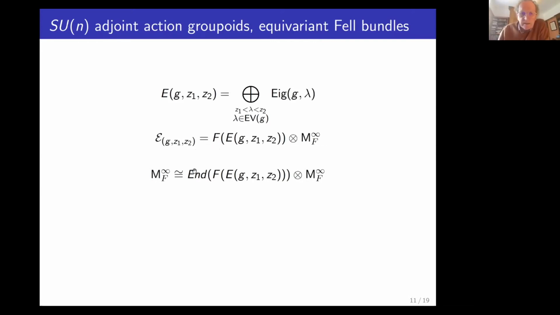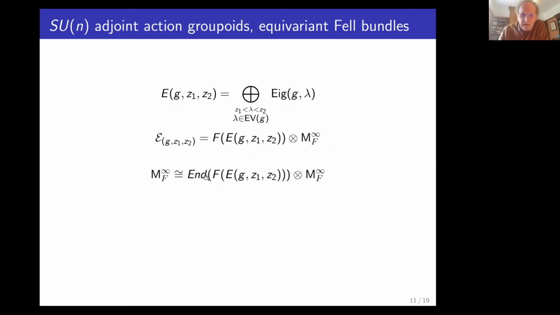And there's an action of the infinite tensor product on the left and on the right of this bundle, because it clearly acts on the right. And I can make it act on the left using this factorization here. Now, MF infinity, that's the infinite tensor product of F of Cn, absorbs clearly every matrix of the form M or endomorphism of FCN, but it also absorbs these things here.